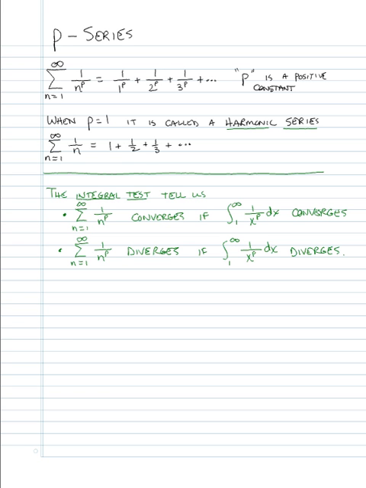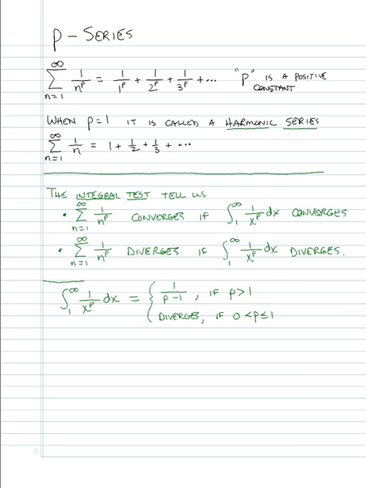Now, we've discussed this before when we talked about improper integrals. So let me remind you. When we looked at an integral of the form from 1 to infinity of 1 over x to the p power, we found out that that integral had a value of 1 over p minus 1, provided p was a number bigger than 1.